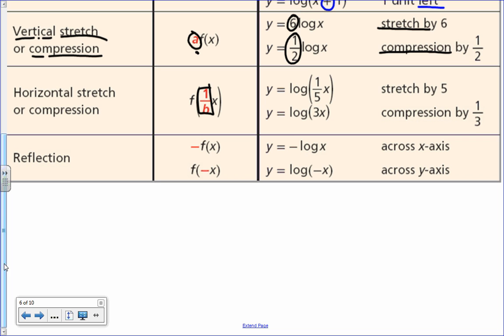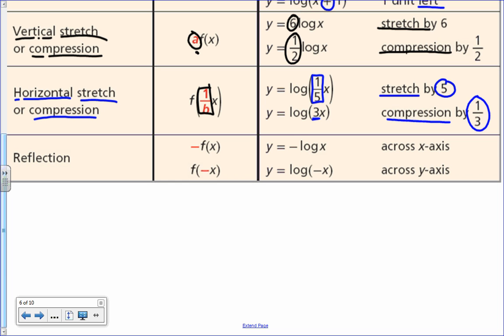So it's horizontal because it's inside. It's stretch or compression because it's multiplication. If you have 1/5 multiplied inside, that's a stretch. If you flip the fraction, that's how they got 5. If you have 3 multiplied inside, that's a compression. Flip the fraction, that's how they get 1/3.